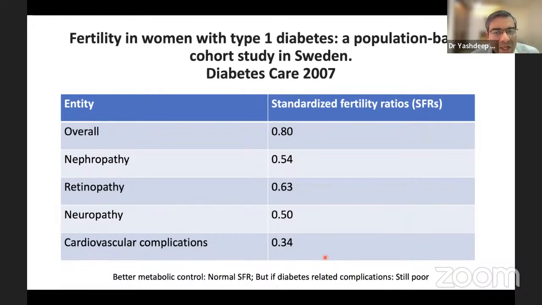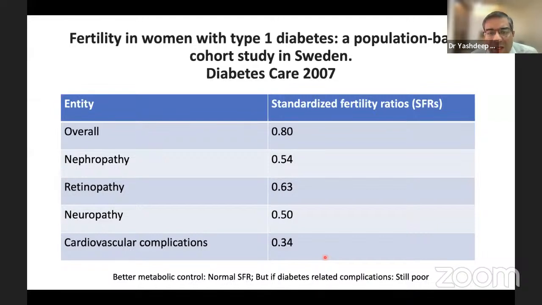But if there are complications like nephropathy, retinopathy, neuropathy, the odds of fertility go further down. Dramatically, there is half the chance of having fertility compared to other women without type 1 diabetes, along with these complications. And if there is a macrovascular complication, it's nearly one third.